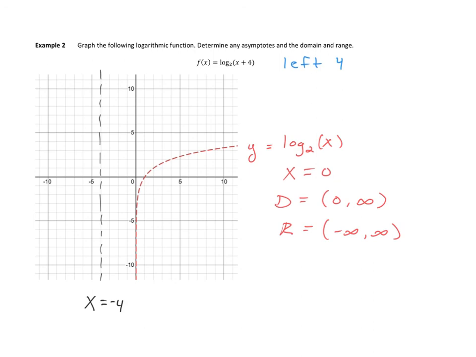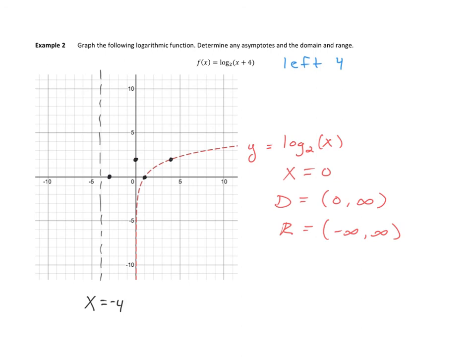Maybe this one, that's the point 1, 0. And maybe this point here, this is the point 4, 2. If I move those 4 places to the left, this one goes here, that's negative 3, 0. And this one is right here, that's at 0, 2.